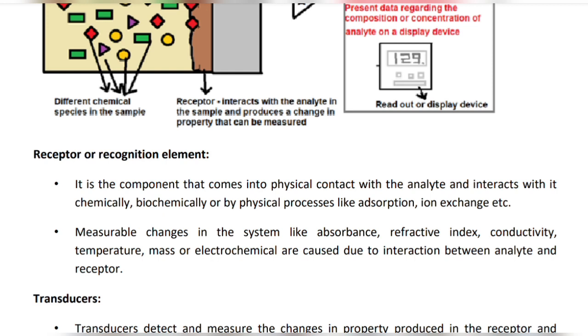By this interaction, measurable changes occur in the receptor's properties: its absorbance or refractive index may change, or its conductivity, temperature, mass, or electrochemical properties. These changes occur due to the interaction between the analyte and the receptor.